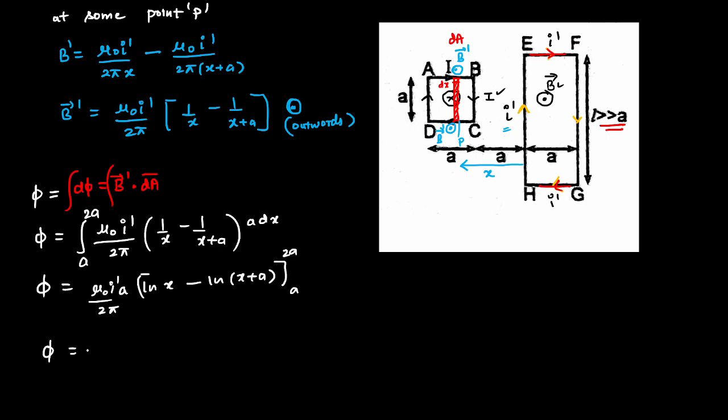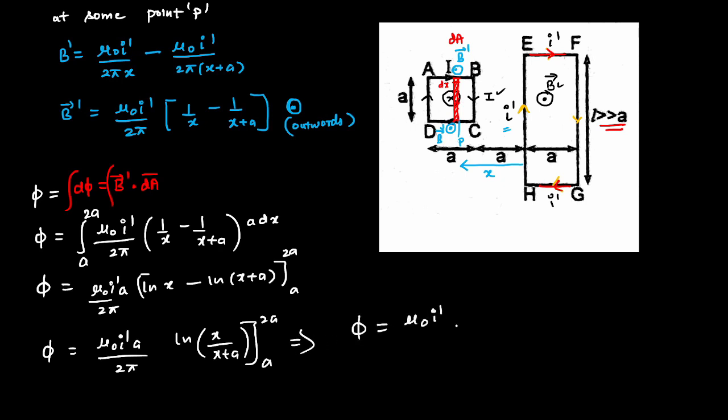If we simplify this, mu naught I dash a by 2 pi and ln of, first rearranging these terms, x by x plus a, with upper limit 2a and lower limit a.